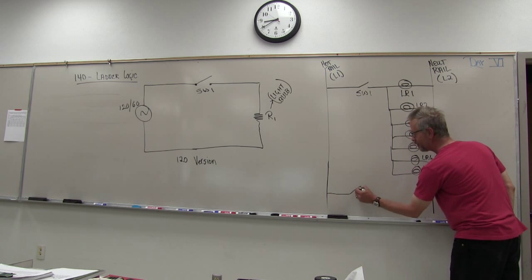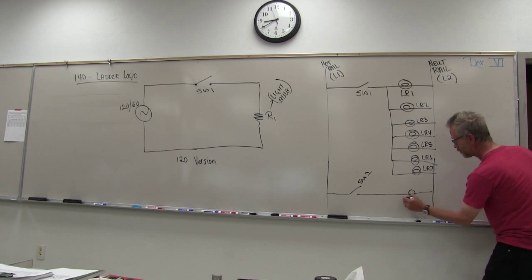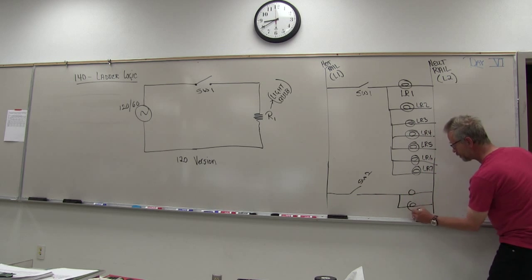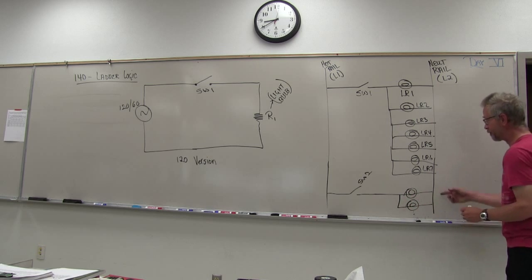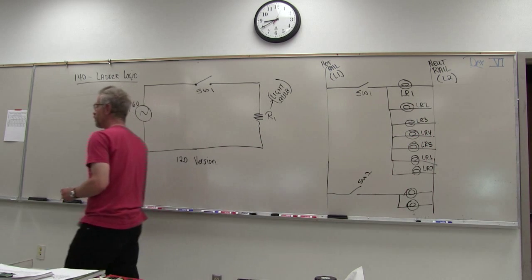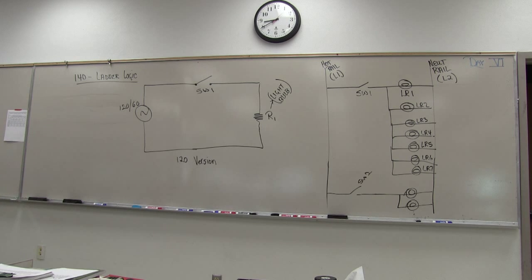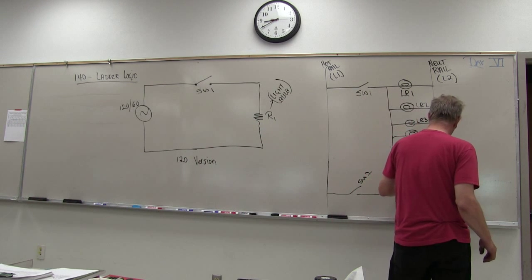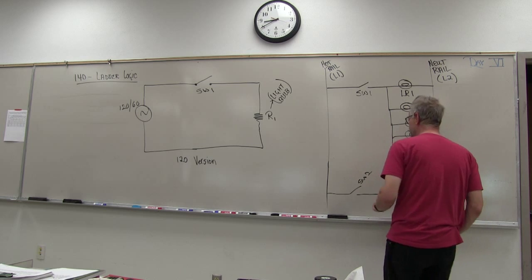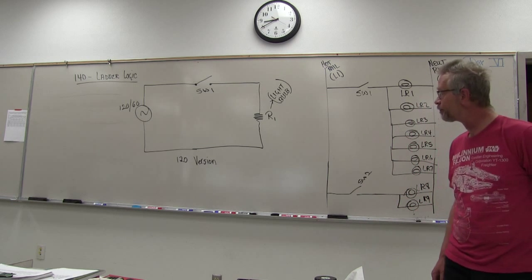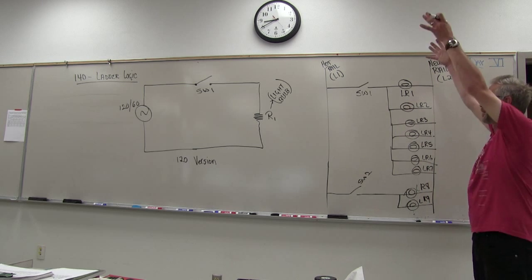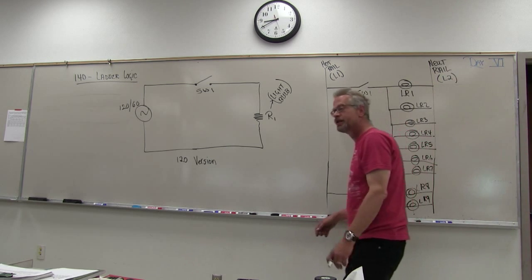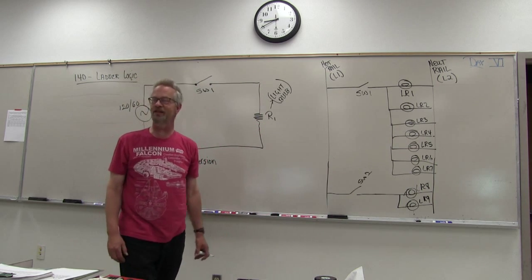Underneath that, we have switch 2. And I've run out of board. But switch 2 turns on and off the second row of lights. So LR8, LR9, etc. And we would have a really tall ladder with 5 switches, each switch controlling 7 lights.